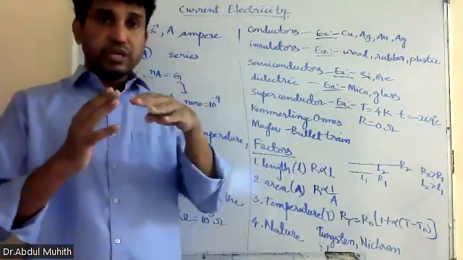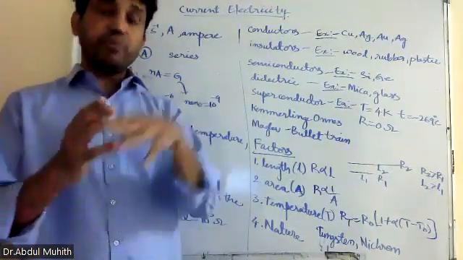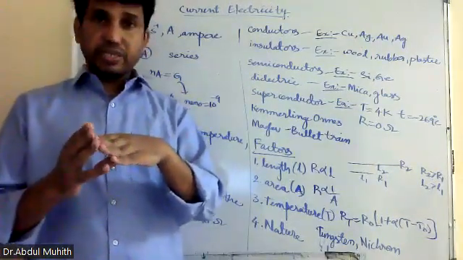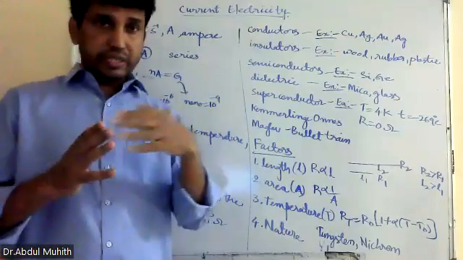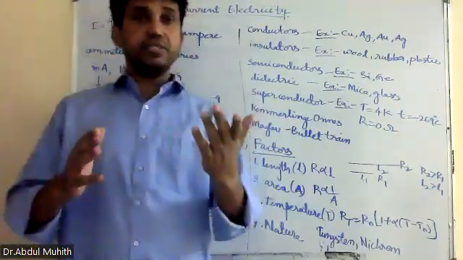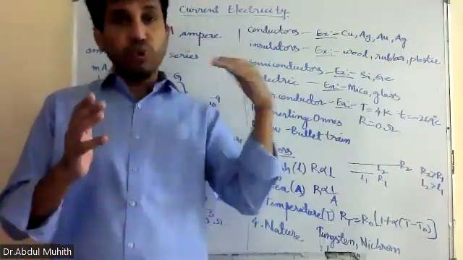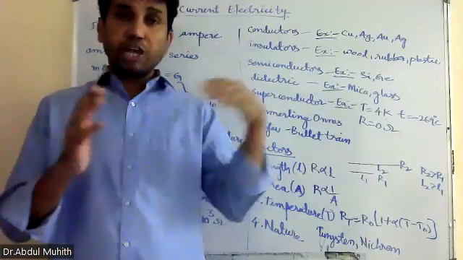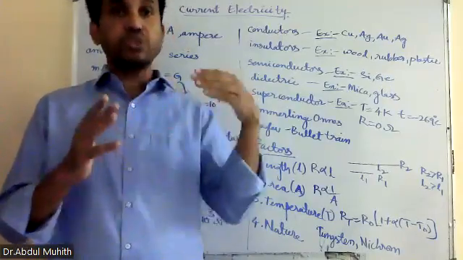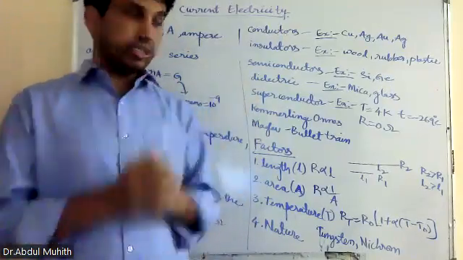So the more the length, the more the collisions, and the more the resistance. As the length increases, there are more atoms in the path of the electron, and there will be more collisions. More collisions give rise to more resistance. That is the reason behind it.